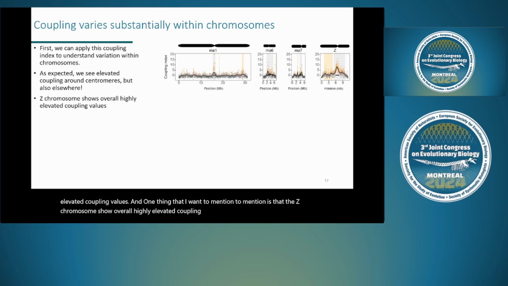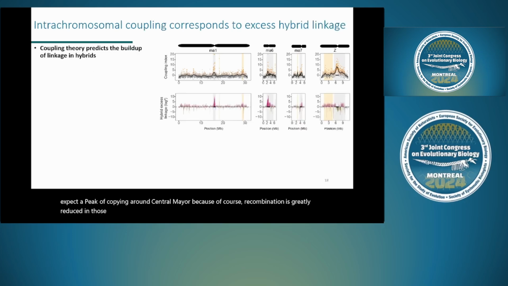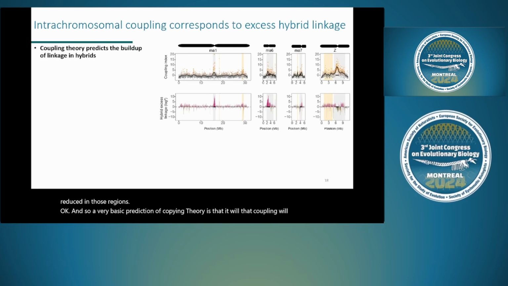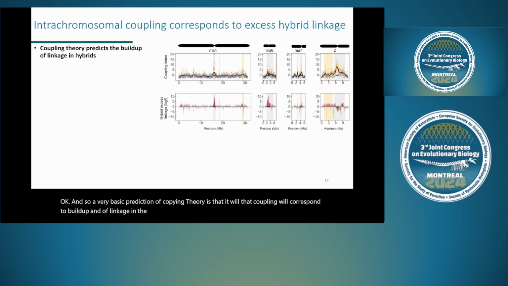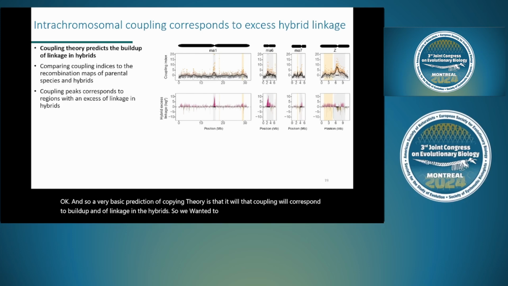Oh yeah, and I forgot to mention, we expect a peak of coupling around the centromere because, of course, recombination is greatly reduced in those regions. Okay, and so a very basic prediction of coupling theory is that coupling will correspond to buildup of linkage in the hybrids. So we wanted to assess this. To do this, we compared the recombination maps of the parental species to the recombination map of the hybrids, and that's what you can see in this second panel.